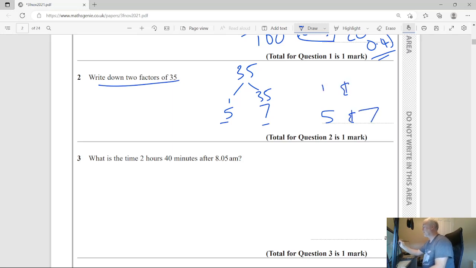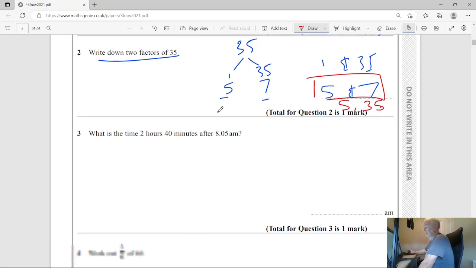We've also got 1 and 35. So any 2 from that group of 4 will do. You could do different pairs of factors like we've got there. Alternatively, you could put 5 and 35. It doesn't ask for a pair of factors, just any 2 factors. So maybe 5 and 7 is the best to go for here.